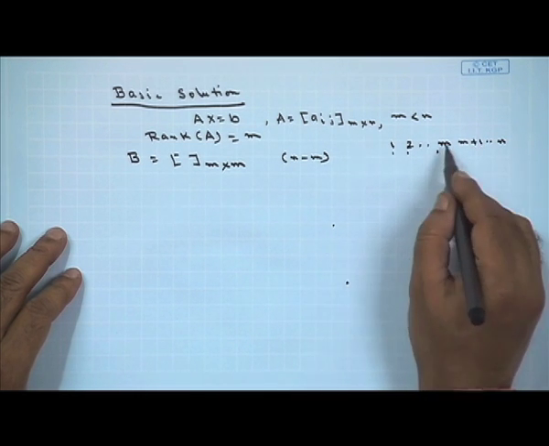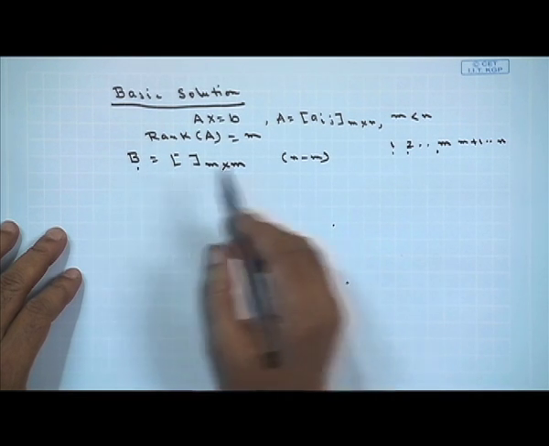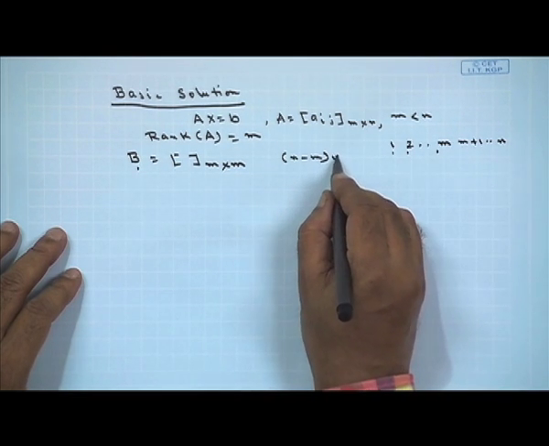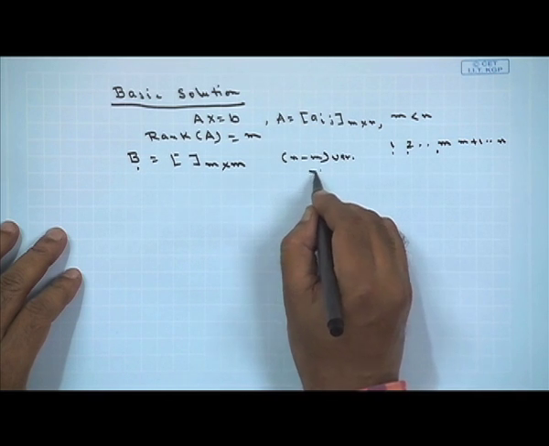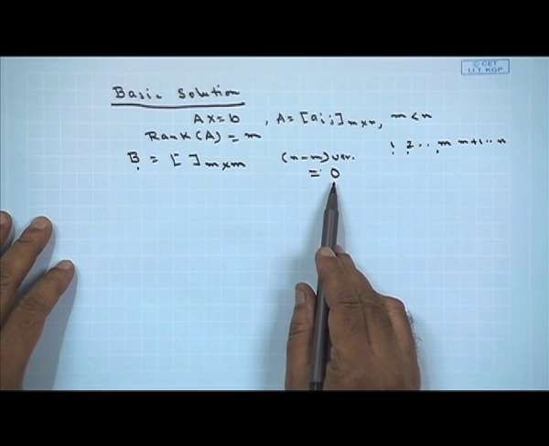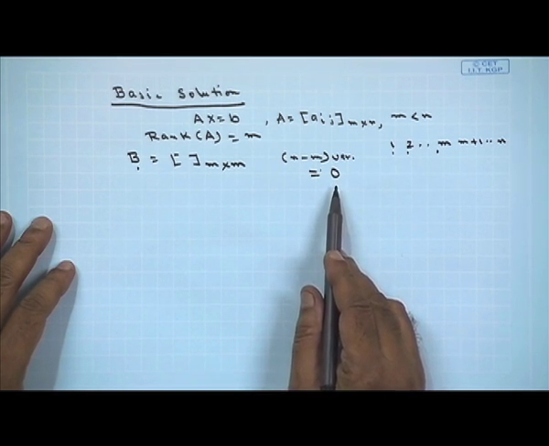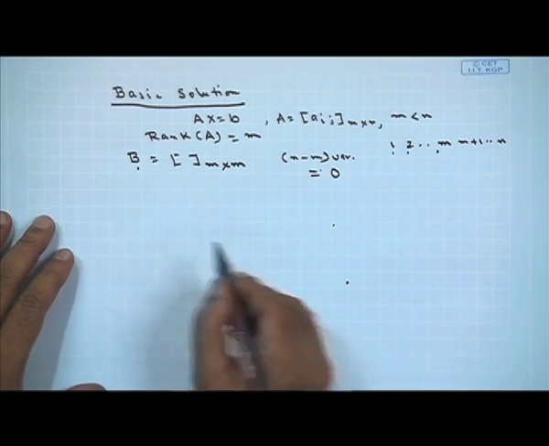So, these are the linearly independent column vectors. From that I have formed the matrix B, and the remaining n minus m variables, if I make them equal to 0, which I have shown earlier, then the solution obtained is known as a basic solution. In the last class, I think we have given one example also. So, you can go through that part also.